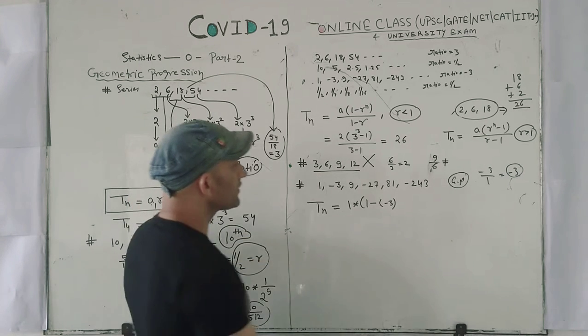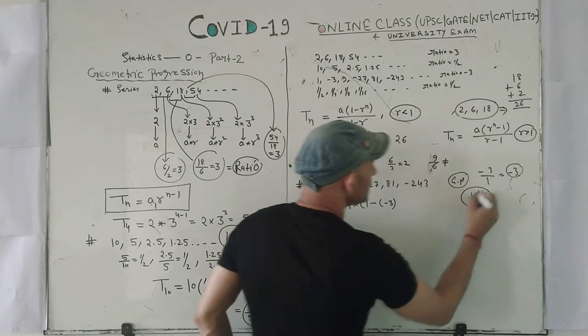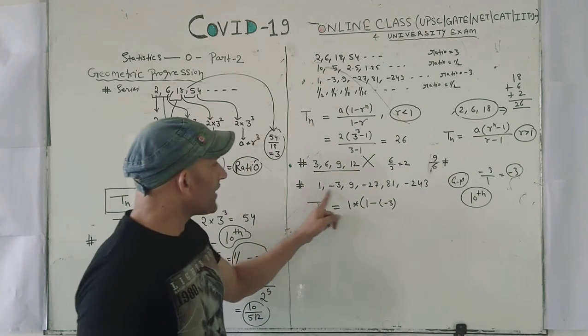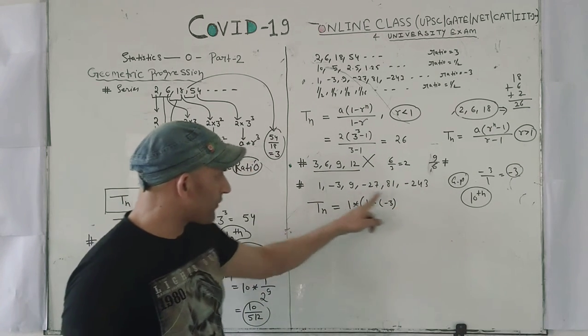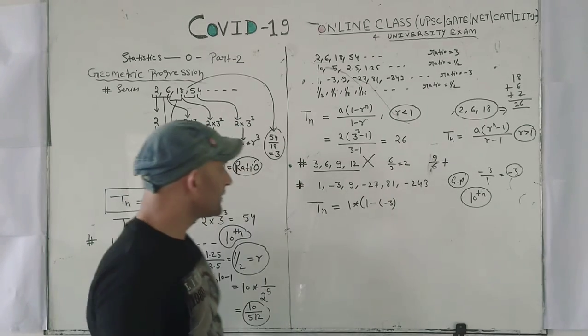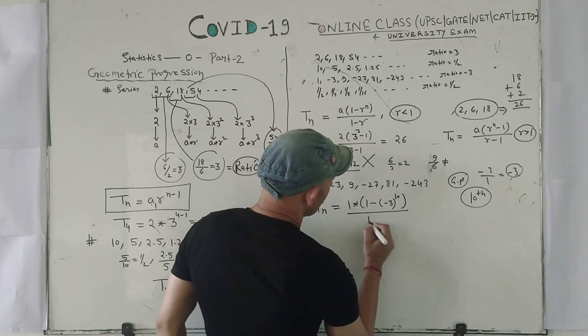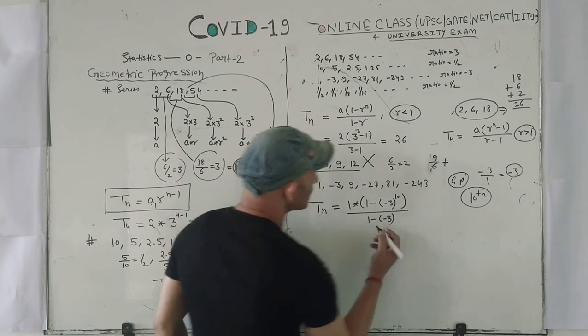You are finding up to the 10th place, the sum of all the numbers, the sum of the first 10 terms. So your n becomes 10, upon 1 minus minus 3. Now you can solve it.